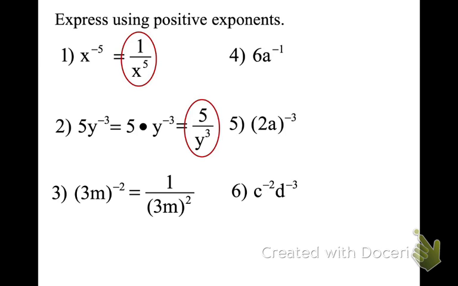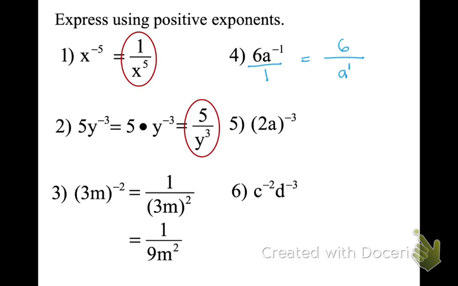All right, let's check our work. Remember, the only thing that's reciprocated is the base of that exponent. So since a is to the negative 1 power, that's what drops down.